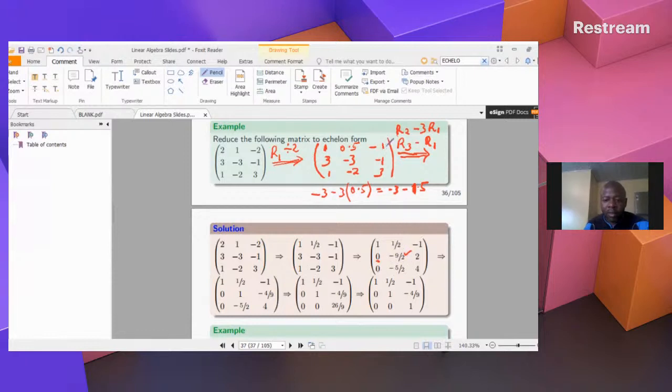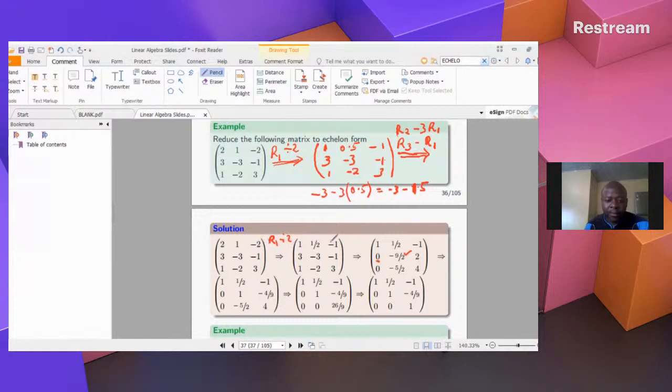Now let's see what you get here. What was this step? I had said row 1 divided by 2. So row 1 divided by 2 gave me this. You remember that? It was 2 divided by 2, which is 1. 1 divided by 2, which is a half.